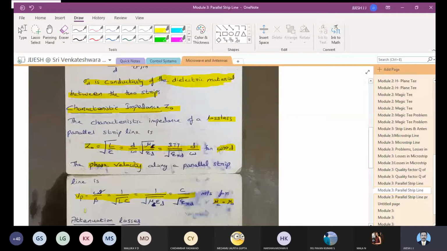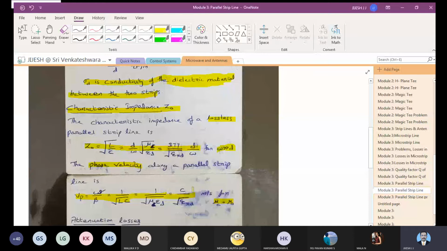So Vp has all these different equations to calculate it. If you know L and C, you can use 1 by root LC. If you know C and epsilon RD, you can use C by root of epsilon RD. So Vp can be written as omega by beta, 1 by root of LC, 1 by root of mu C epsilon D, as well as C by root of epsilon RD. Any of the equations you can use as per the requirement, based on the parameters given.